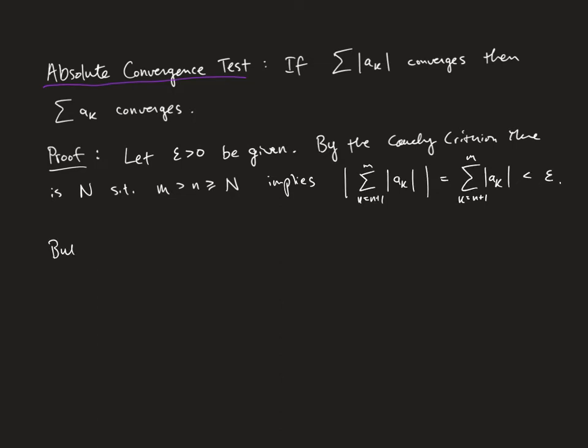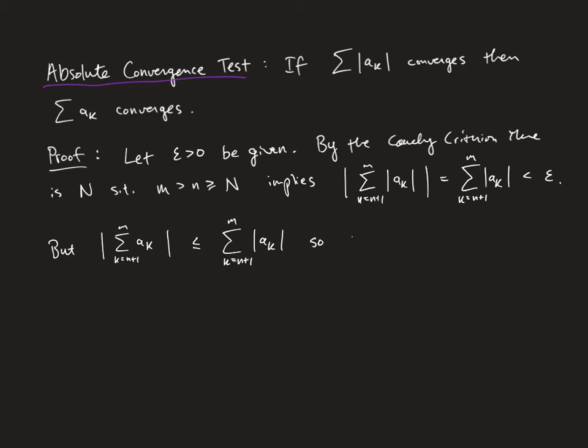But the absolute value of just the sum of the ordinary terms, without the absolute values on the inside, is less than or equal to the sum of the absolute values.